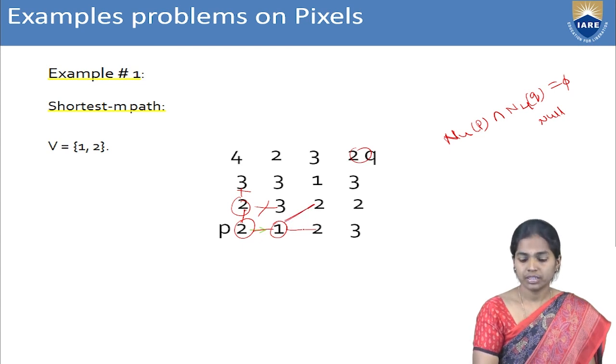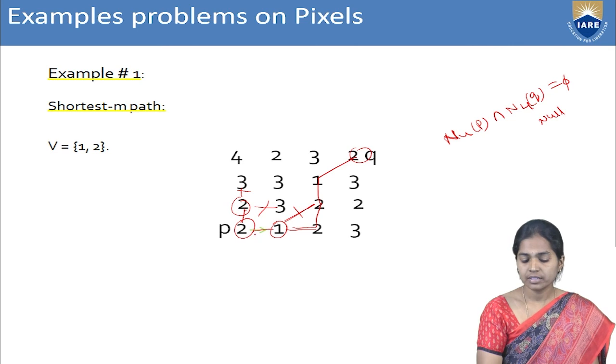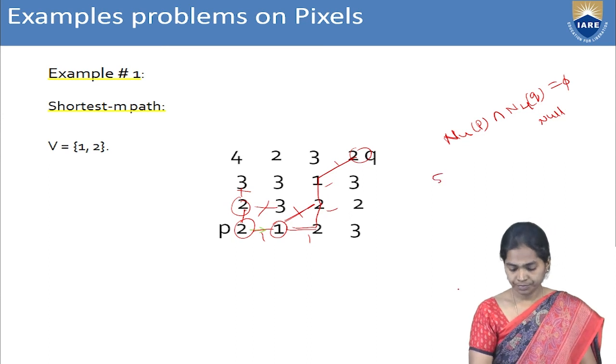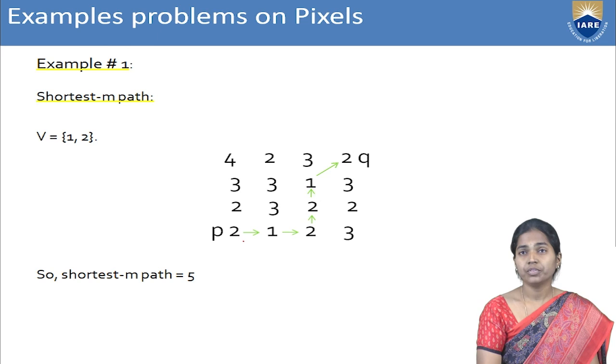So in that case, ignore this one and we can travel this path only. So what is the distance with the use of M path? 1, 2, 3, 4, 5. So with the use of M path, this one is 1, 2, 3, 4, 5.